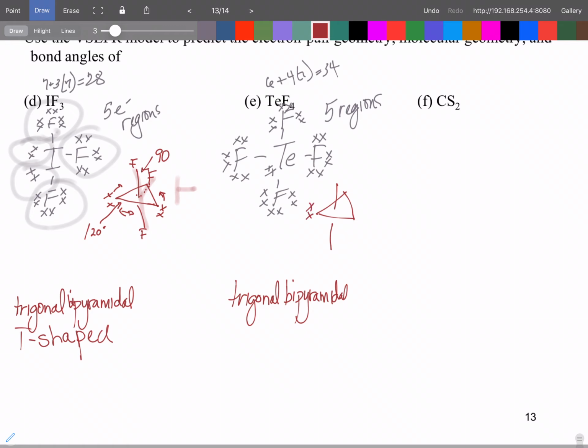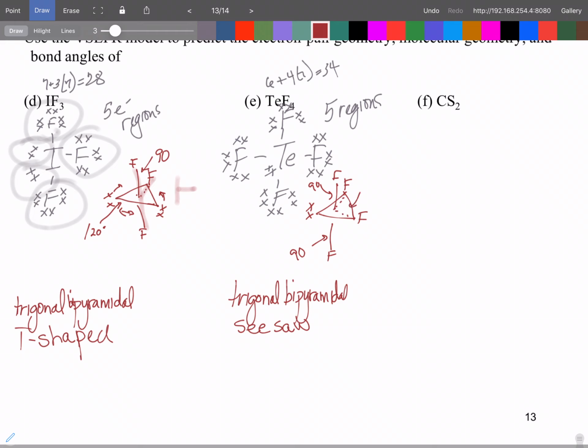Your lone pair is going to go here, your fluorine here, here, here, and here. So if you look at it, it's going to be seesaw because we've got a non-bonding pair. And so what actually happens here is these bond angles here are going to be 90. They're not going to move. 90 can't move.